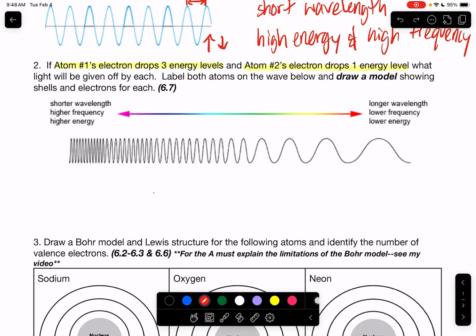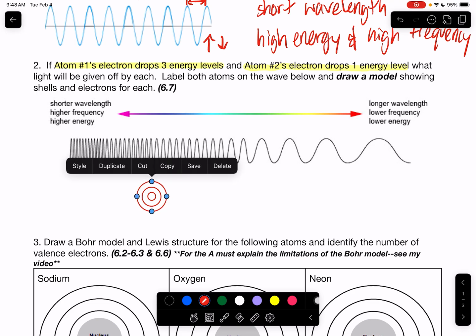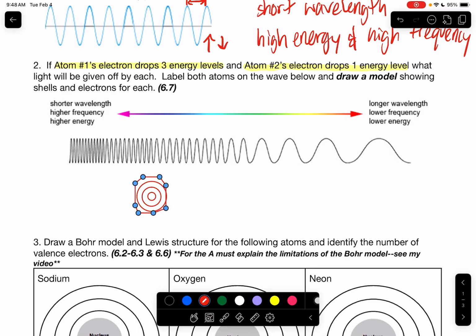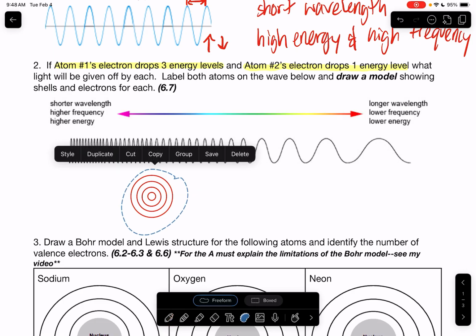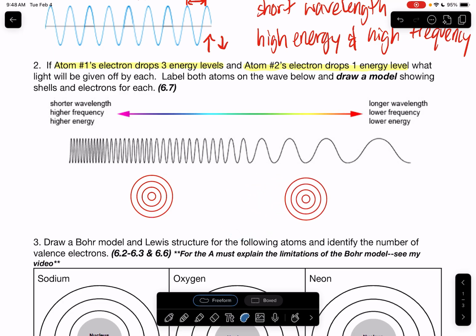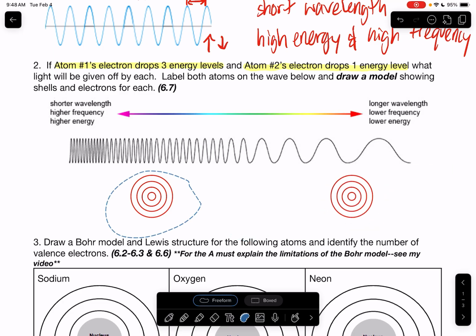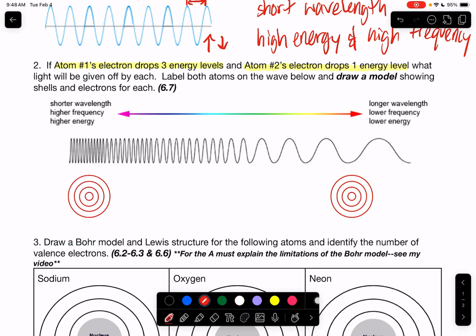So let me start by drawing the shells. Let's copy this. So I have to redraw. All right. So the atom that's dropping 3 energy levels, that's a big change in energy, which means that's going to result in a shorter wavelength.